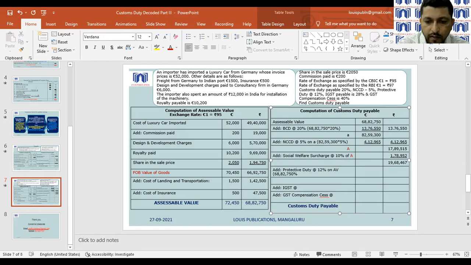So it will be 68,82,750, that is the assessable value, into 12%.